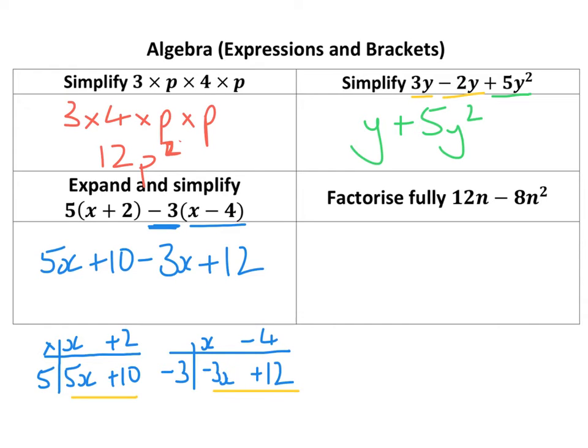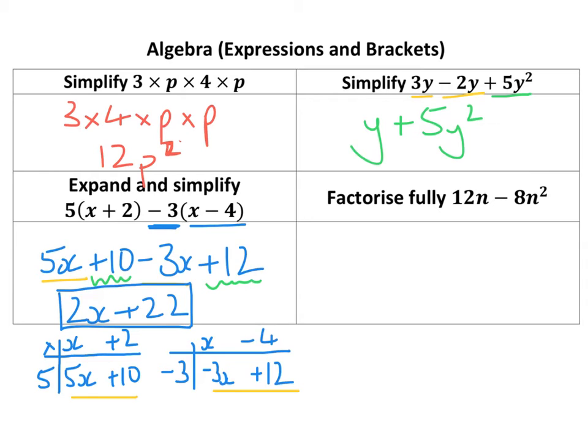So the x parts I can simplify, and I'll do a squiggle because you're not allowed colours in tests, are you? So the ones with the yellow straight line underneath I can simplify. So 5x minus 3x leaves me with 2x, plus 10 plus 12 gives me 2x plus 22. And so there you go.